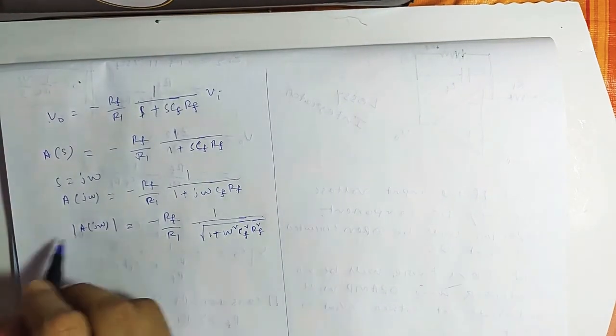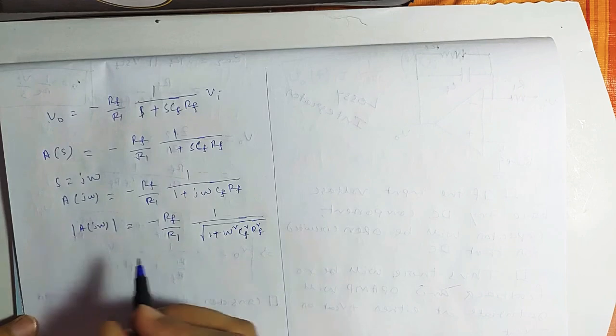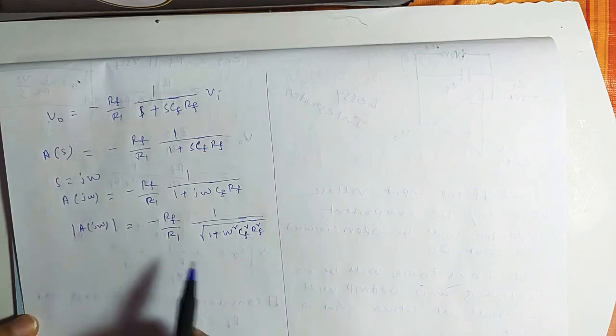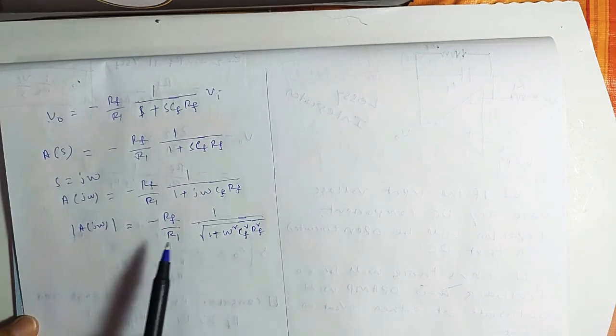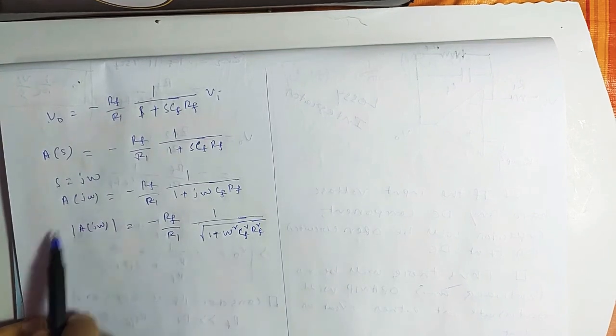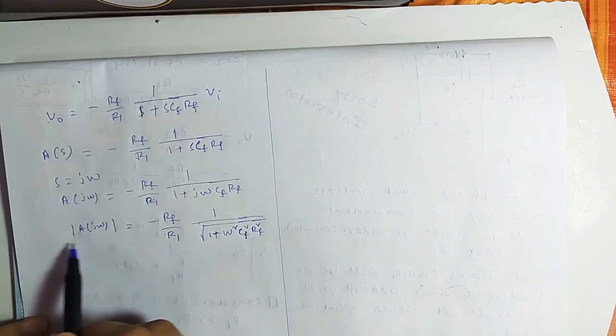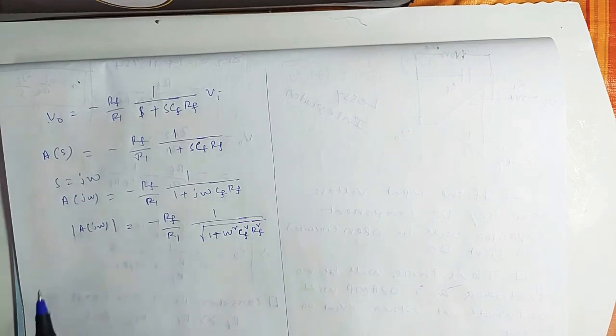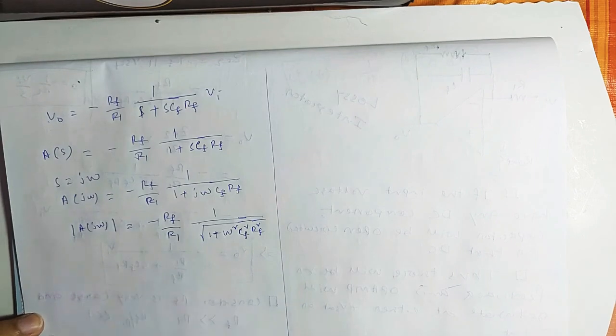if I take 20 log. What we are trying to do is plot the frequency versus this amplitude, omega versus this one. Now in linear scale it will be difficult to plot, so we'll choose a log scale.